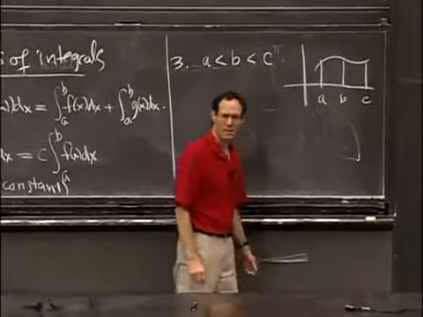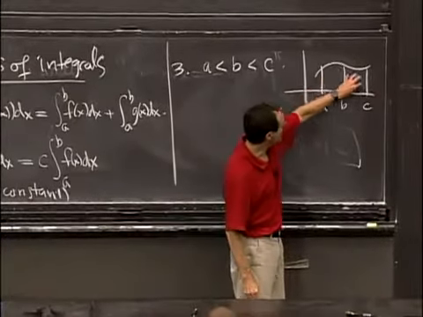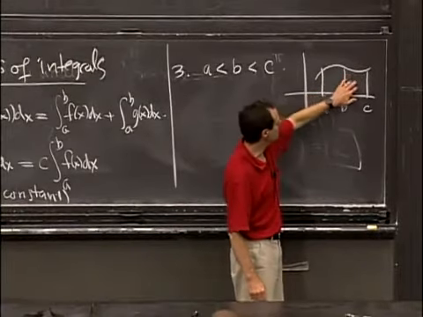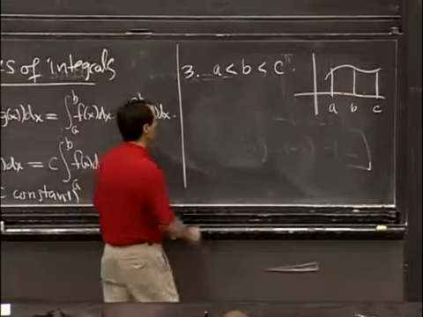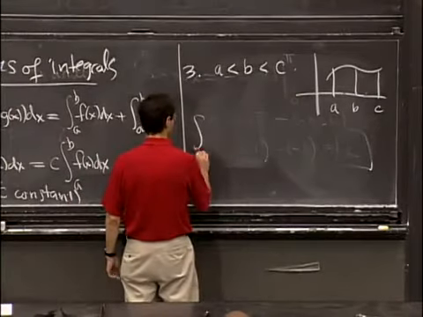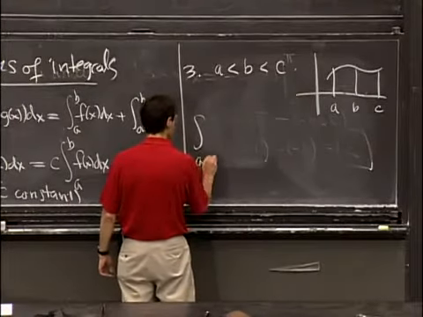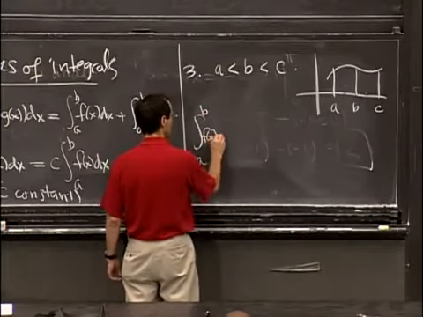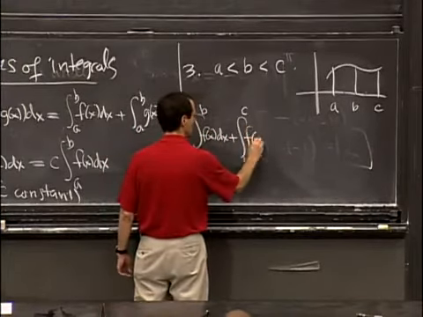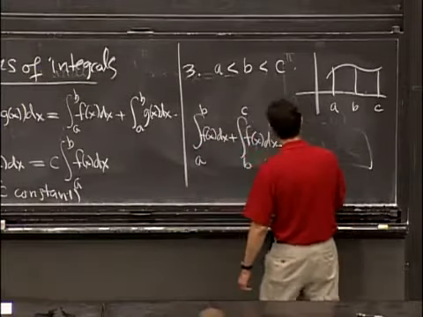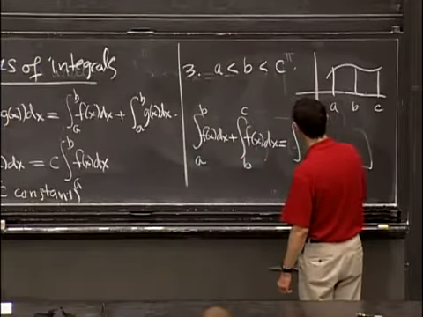So here's a, here's b, and here's c. You can see that the area of the first two pieces, when added together, gives you the area of the whole. That's the rule that I'd like to tell you. So if you integrate from a to b, and you add to that the integral from b to c, you'll get the integral from a to c.